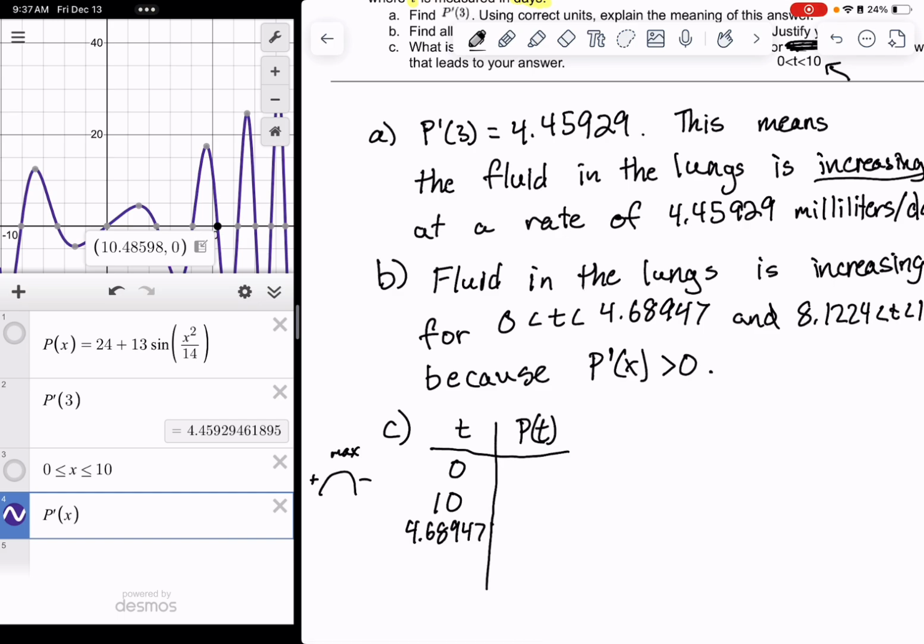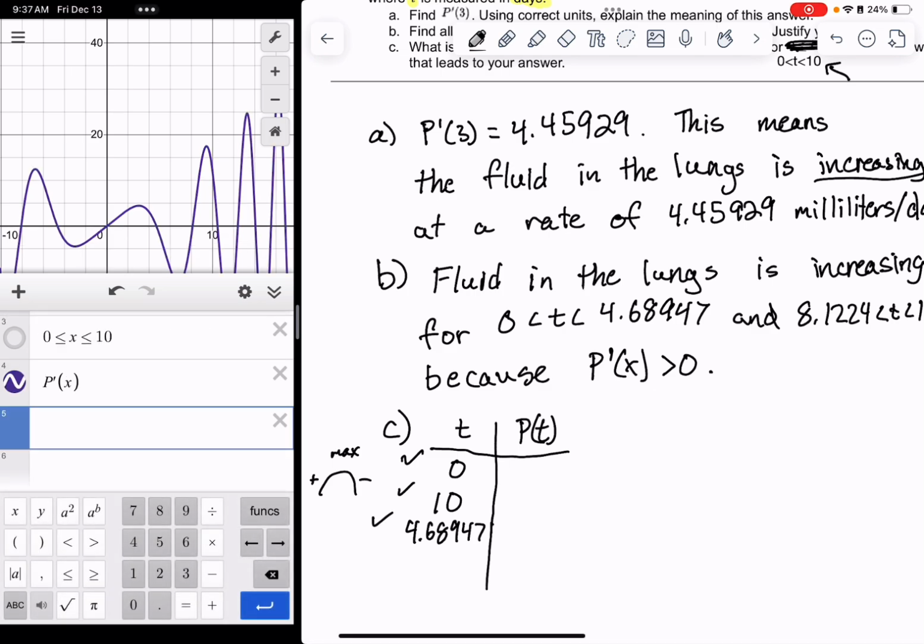But this last one here would have been 10.489598. So we've got to test each of these candidates because 10 is before that last point. So we're going to check 0, 10, and 4.68947.